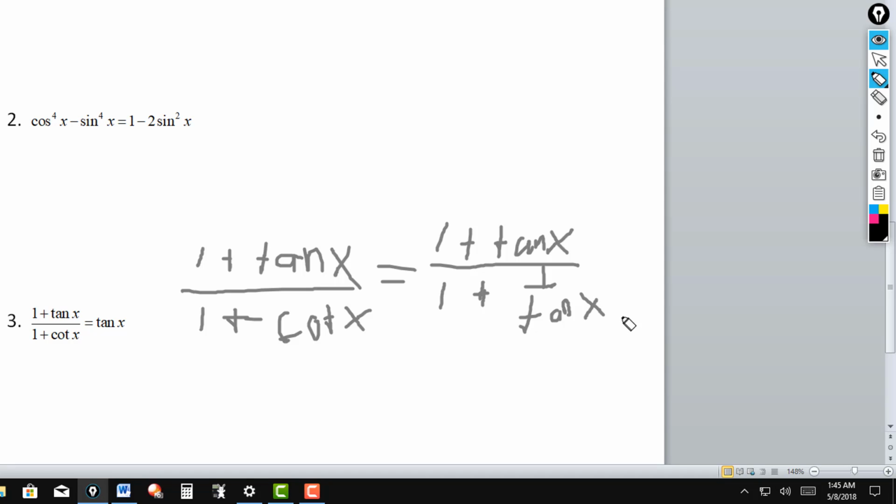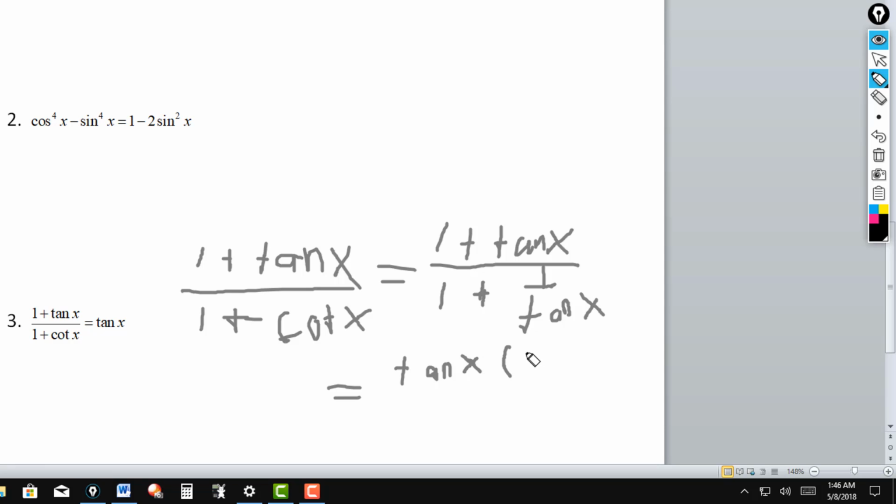Now, just treat this like an algebraic expression. We're going to simplify it. So generally multiply by the LCD of these. I'm going to multiply the top and the bottom by tangent x in order to simplify this complex fraction. So multiplying the top by tangent of x, but I'm going to leave it as a product here to get a better look at it.